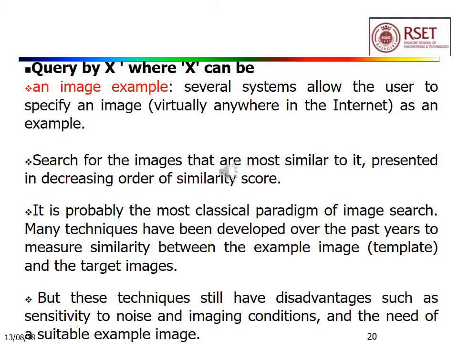Many techniques have been developed over the past years to measure the similarity between the query image and the target images. But these techniques still have disadvantages such as sensitivity to noise and imaging conditions, and the need for suitable example images. If the image we give as a query is a blurred one, and the non-blurred image is there in the dataset, once we calculate the Euclidean distance, the value will vary.